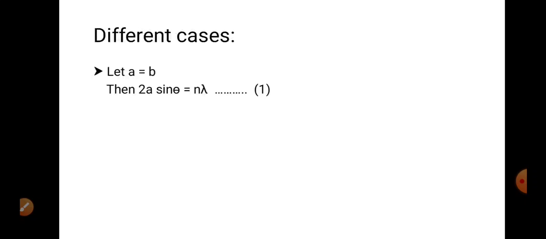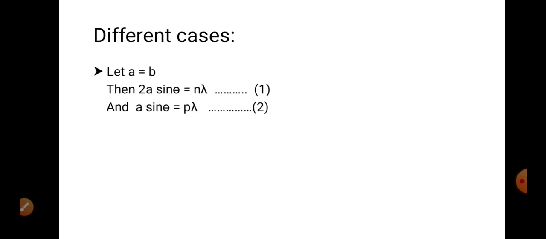First case: let us consider a equal to b. Then 2a sin theta = n lambda is the first equation, and a sin theta = p lambda is the second equation. The first equation represents the interference maxima and the second represents the diffraction minima.